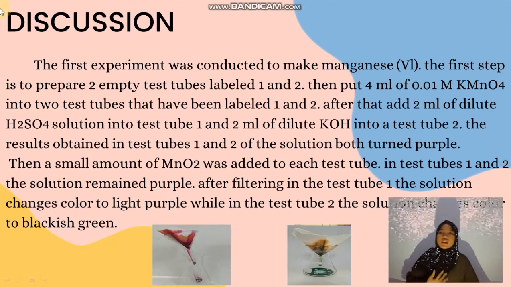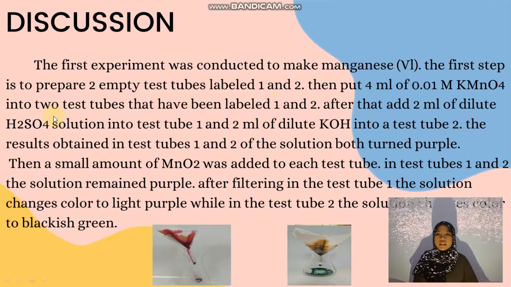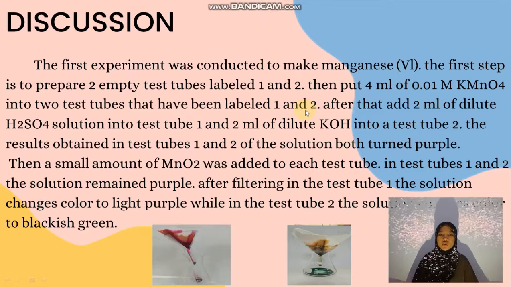Discussions. So the first experiment was conducted to make manganese 6. The first step is to prepare two empty test tubes labeled 1 and 2. Then put 4 ml of 0.01 M KMnO4 into the two test tubes labeled 1 and 2.